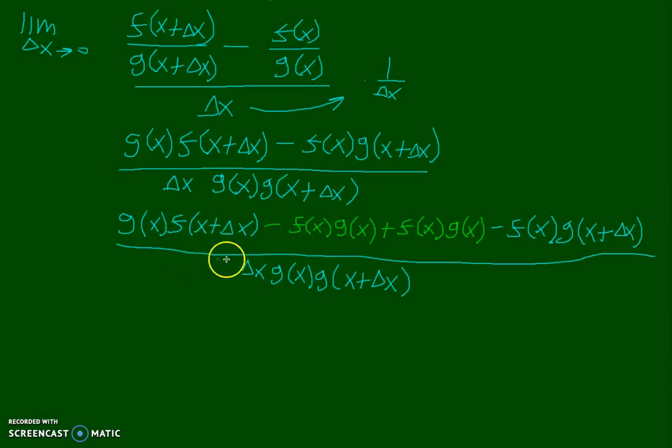So that's our first grouping. We factor out a g of x, and what we have left is f of x plus delta x minus f of x, and we put that quantity over delta x.